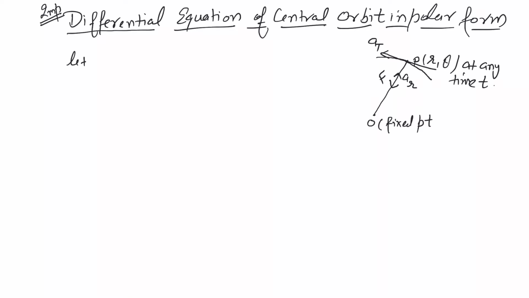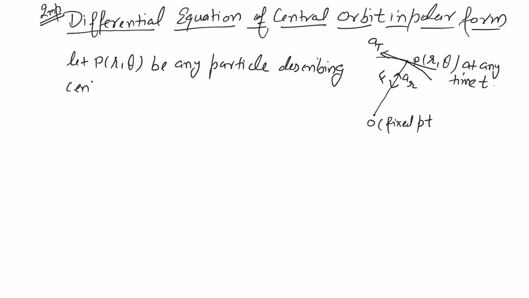Let P(r, theta) be any particle describing central orbital motion.